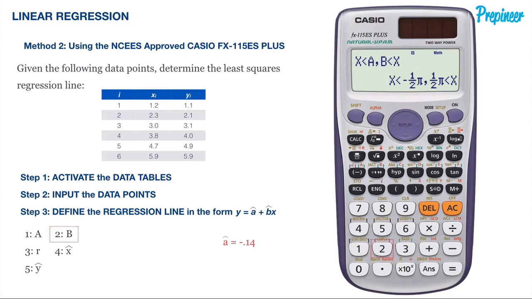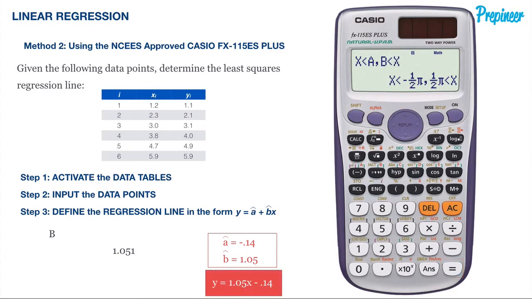This time we'll actually press 2 to select option B, or option 2 for B. We'll be brought back to the home screen with B displayed. Press the equals button to get our value, which is 1.051. Adding all this together, we get a regression line which is equal to 1.05x minus 0.14. And this confirms the equation that we previously calculated by hand.